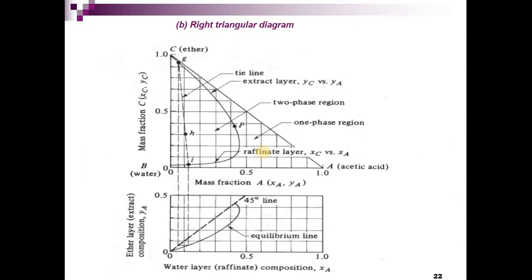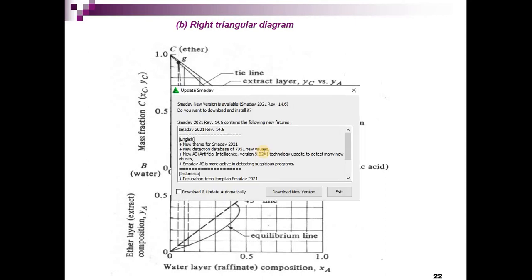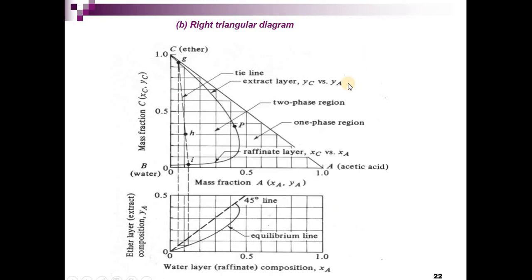So this is another diagram. We call it the right triangular diagram, which is different from the equilateral triangular diagram. In the right triangular diagram we only have two components.